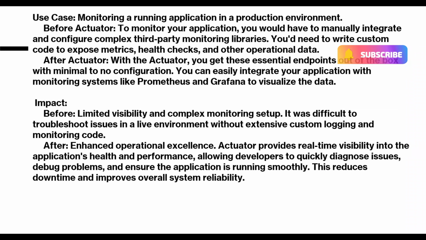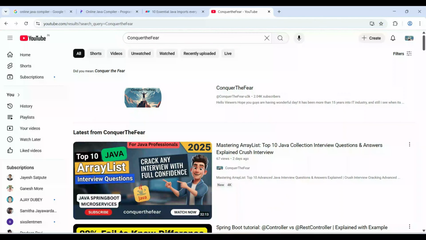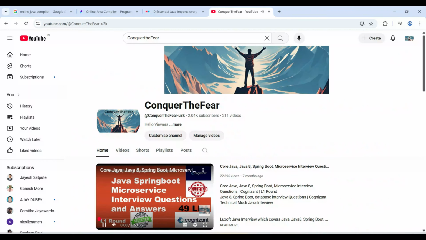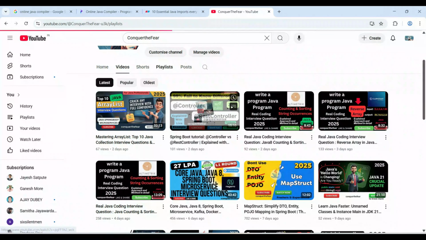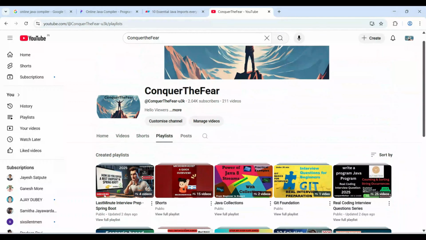This has reduced your downtime, and it has also improved the overall system reliability. So this is one of the biggest advantages of actuator. I hope I was able to explain the importance of these three features with respect to a Spring Boot application.